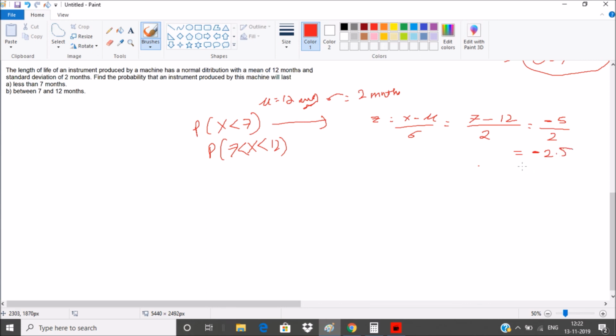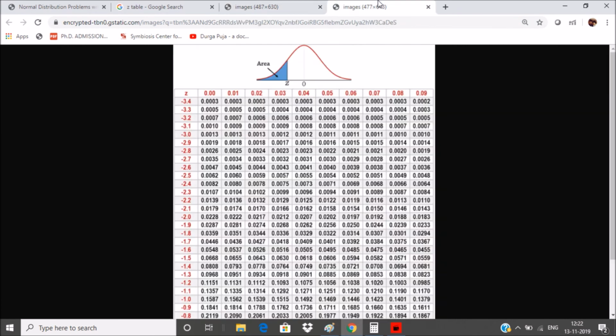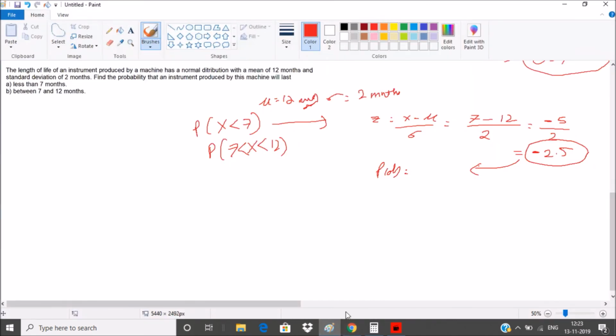So the z-score is negative 2.5 and the probability associated with that, if you go to the negative chart, negative 2.50, comes out to be 0.0062.